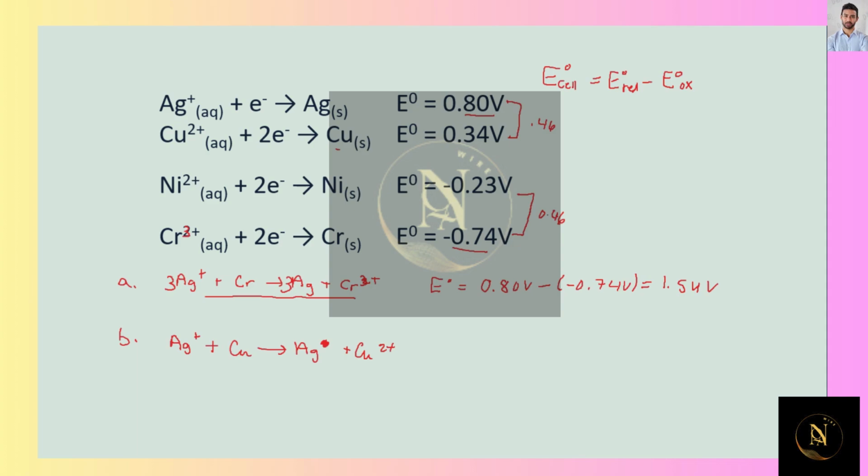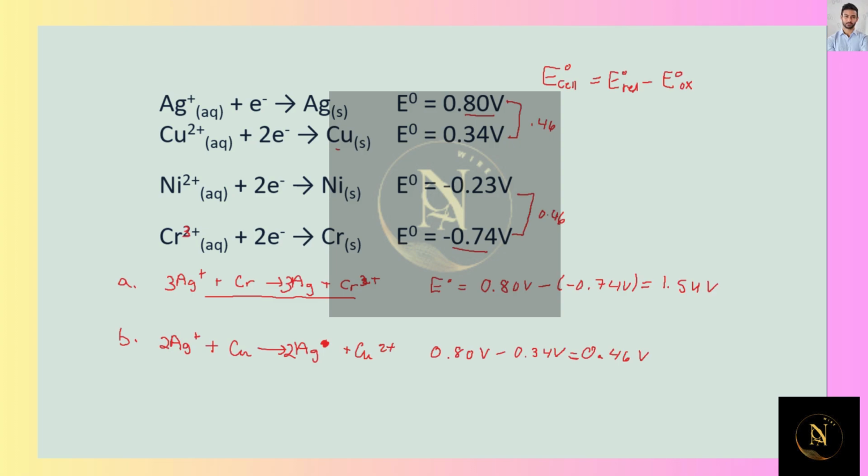And to balance out the charge, I would need 2 silvers here. And so that would end up being 0.8 volts minus 0.34 volts, which is equal to 0.46 volts.